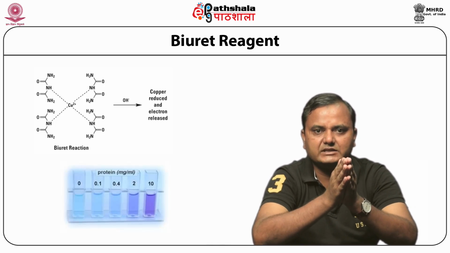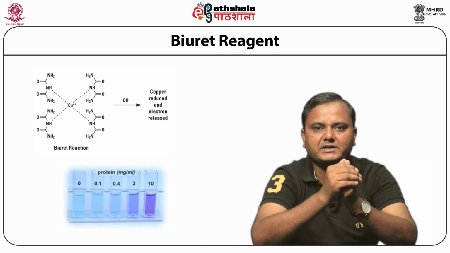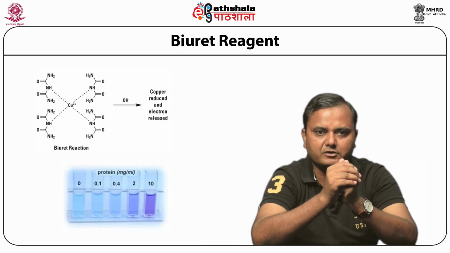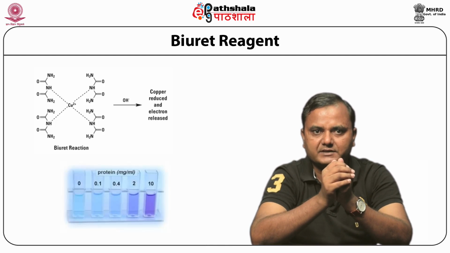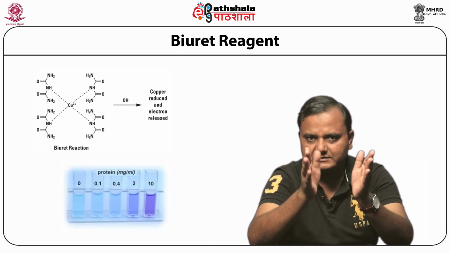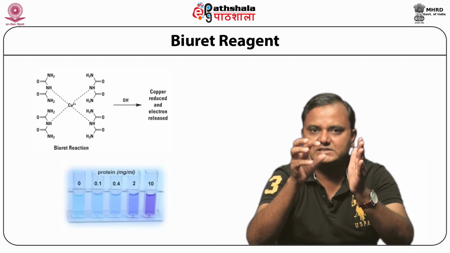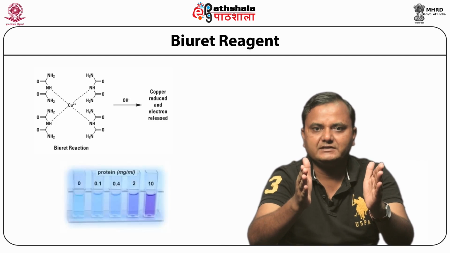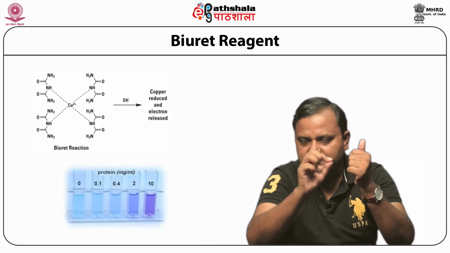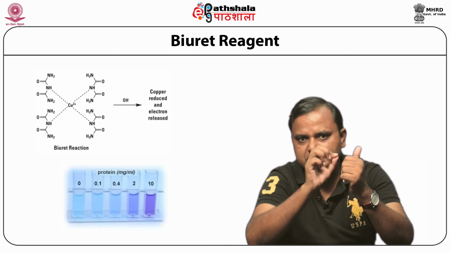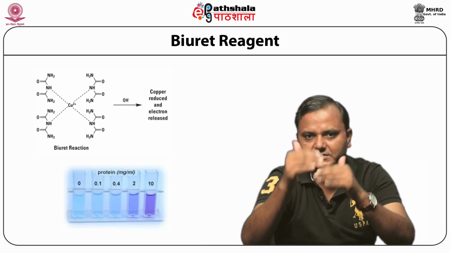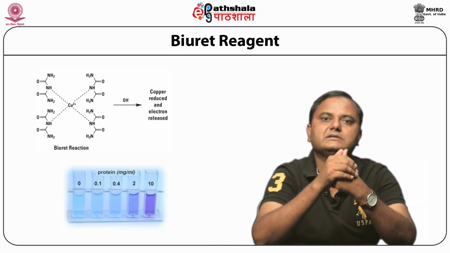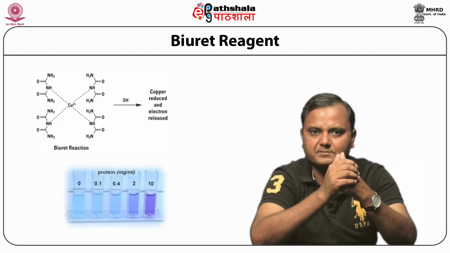It stabilizes the chelate complex and prevents precipitation of copper hydroxide, and the potassium iodide prevents auto reduction of the copper. You can see here clearly how the copper is complexed with the two polypeptide chains, and as you increase the concentration of protein, the intensity of blue color increases dramatically. So the intensity of color is used to estimate the amount of protein in the unknown sample.